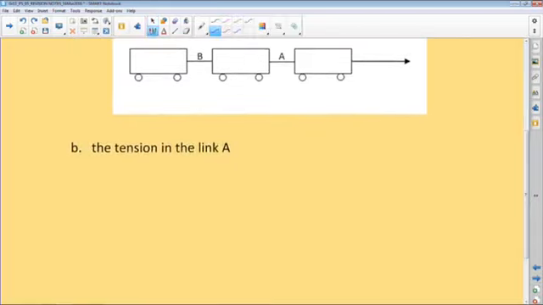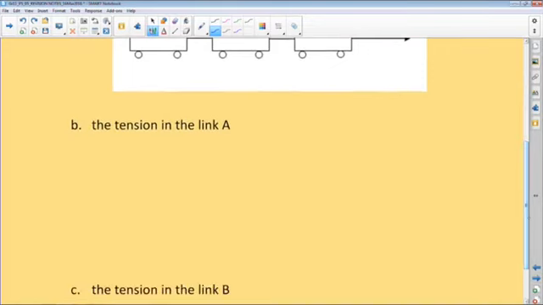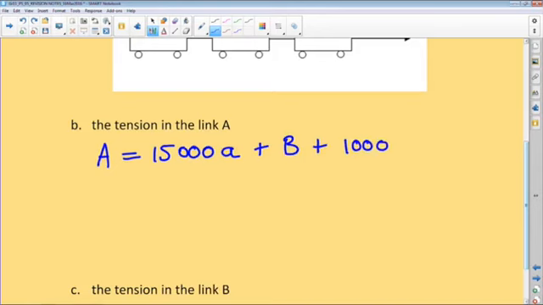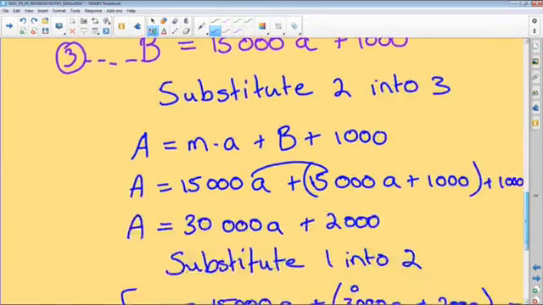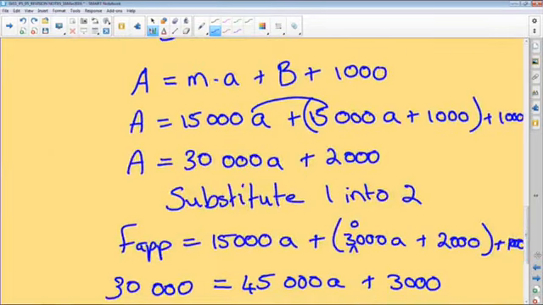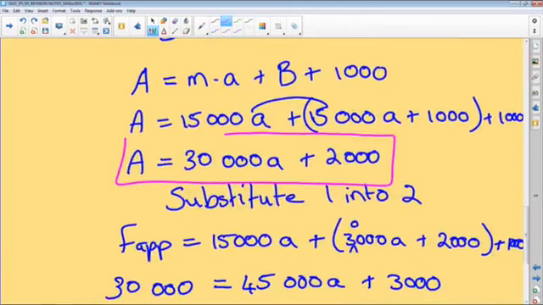And if you remember, what we wrote down was that A is equal to mass times acceleration, so 15,000 A plus B plus 1,000. That's what it was originally. But if you look back down here, we ended up with A being 30,000 A plus 2,000.